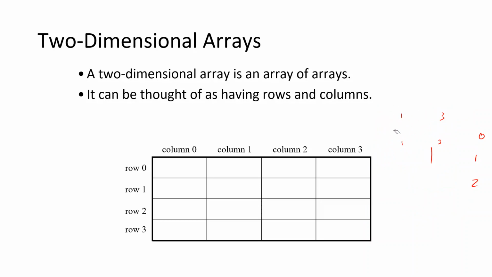Now, what we want to do next is to learn how to actually create a two-dimensional array in Java. Now, why would we create a two-dimensional array? Why are they useful? One thing to think about is if you're going to build a board game, it would look like this.